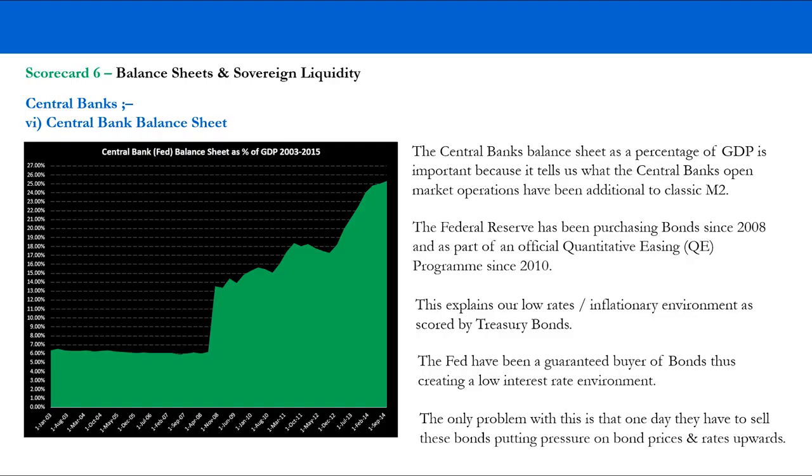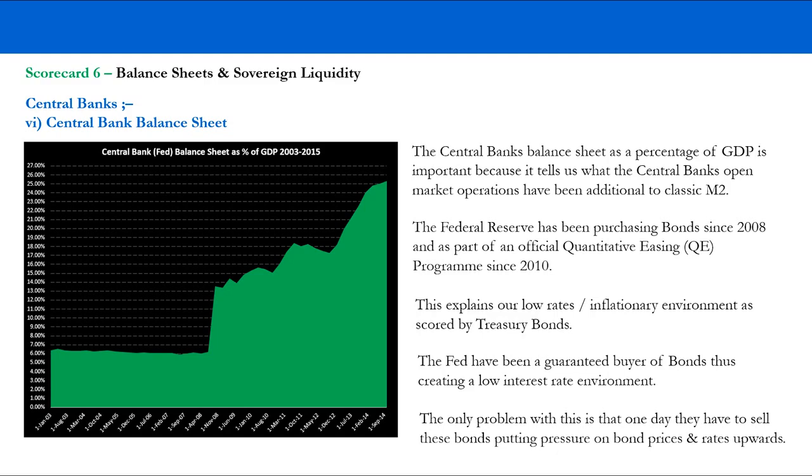And the official program came into operation in 2010. And we've had 3 rounds of this now, 3 rounds of quantitative easing. And this begins to explain our low rates or inflationary environment as scored by Treasury bonds previously.